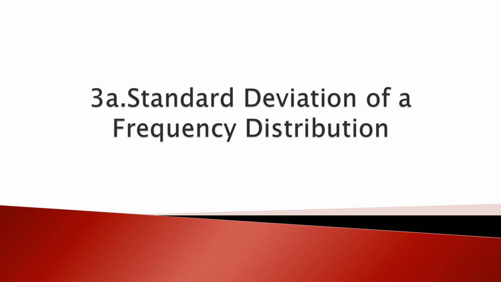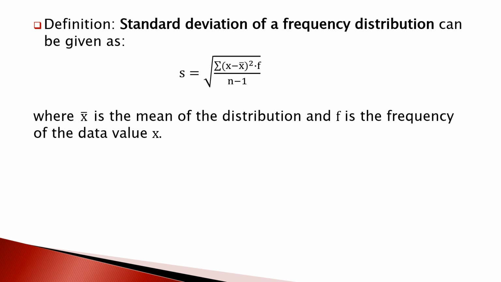So in the previous section, we have seen the frequency distribution of a given dataset. Now let's see, when we are given a frequency distribution, how we can compute standard deviation. So it's very similar, the definition is very similar. So standard deviation of a frequency distribution will look like this, okay?